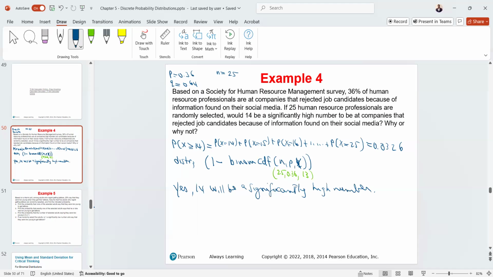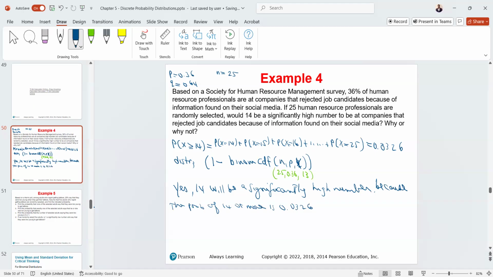I'm going to write it because the probability of 14 or more, at least 14, is 0.0326.